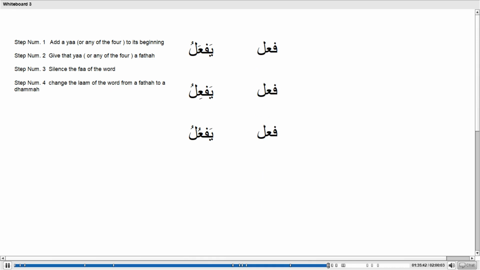So there's three by three, barakallahu feekum: fa'ala, fa'ila, and fa'ula. Clear? So here we have three forms of the madi, and in opposition three forms of the mudari. Clear? Okay.